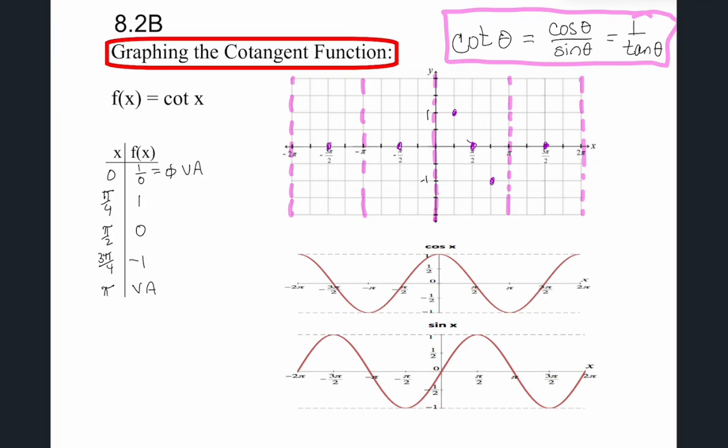So what's interesting is we get a cubic-esque sort of thing smashed between those asymptotes, but it is naturally flipped upside down. That is the natural state. That is the positive way that a cotangent looks. So what's weird is the positive version looks like what we associate as the flip of a cubic.